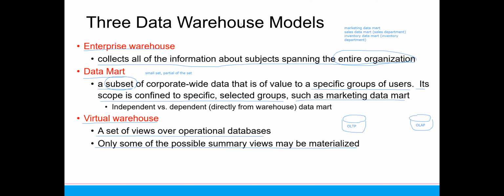But sometimes the company needs to extract from this OLTP, and we can create a virtual warehouse. Usually we call it a view in the operational database. By creating this view, it is a kind of temporary summary, and you can use it for your analysis.